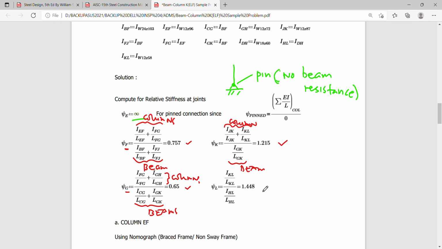Automatically I obtain a value of 1.448 for joint L. Okay, so remember that again, the subscript L here must be contained in the parameters involved in the column and beam stiffness.